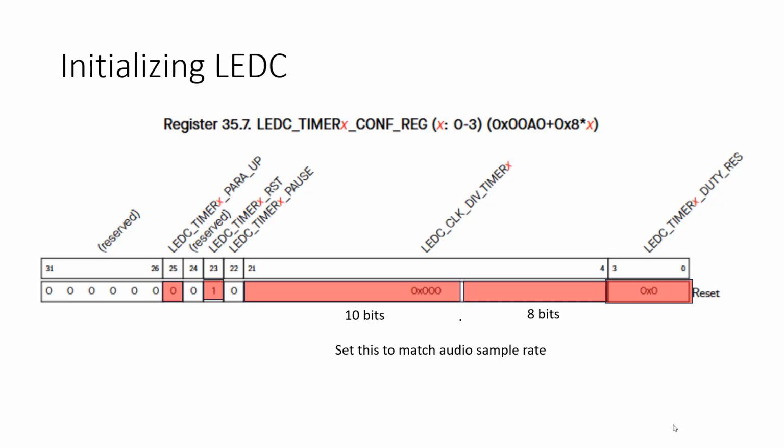So we always put 8 in for this, right? The duty cycle resolution is 8, which stands for 8 bits, which means that when you're calculating a duty cycle within that PWM period, we're going to give it 8-bit resolution, so the duty cycle can be one of 256 values, which means that the audio sample depth is 8 bits.